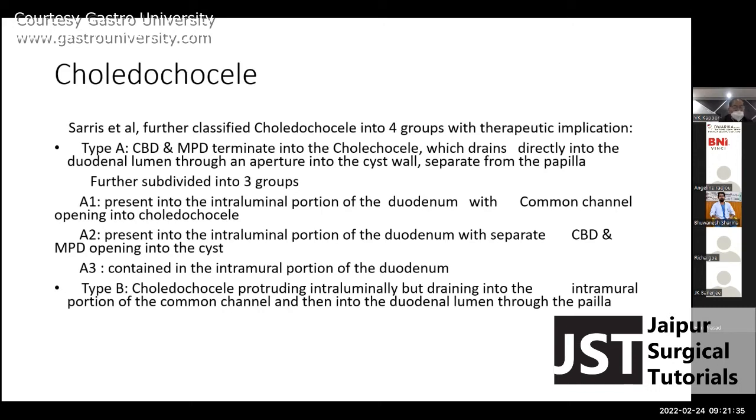And type B cyst is choledochocele protruding intraluminally but draining into the portion of the common channel and then in the intramural portion and then into the duodenal lumen through a normal papilla.